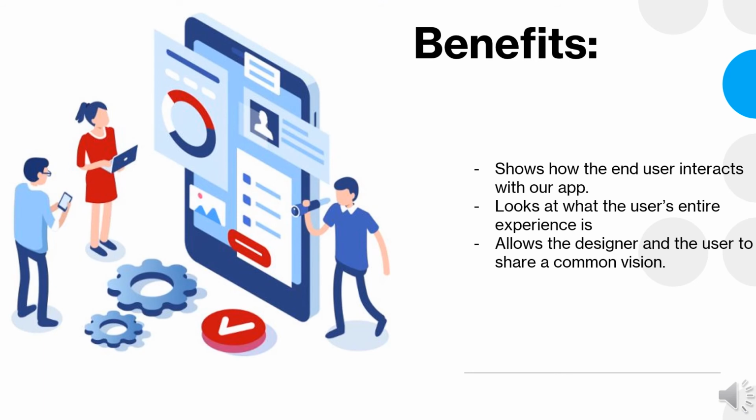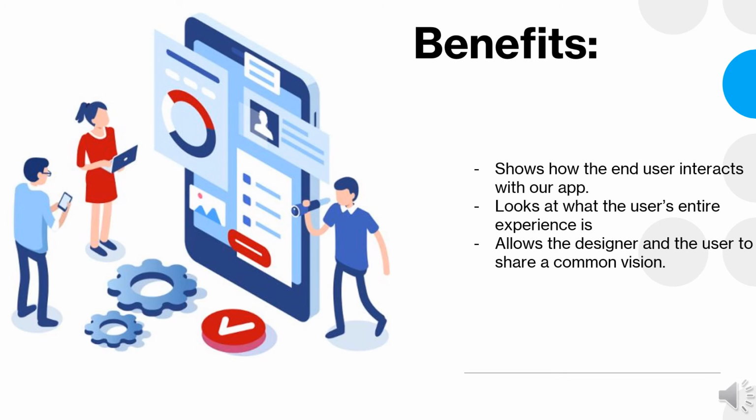The benefits of doing this user journey map is that it highlights how the end users interact with our system in terms of their emotional response, how they structure information, which goes back to the information design that we discussed a couple of videos ago. It also looks at what their entire experience happens to be as they interact with the system.